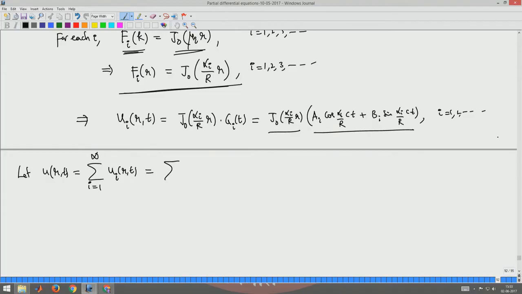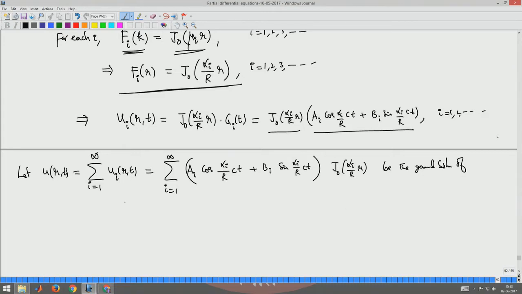So, you have the sum of a I cos alpha I by R c t plus b I sin alpha I by R c t into J0 of alpha I by capital R into small r. So, this is what you have, be the general solution of the wave equation with boundary condition.